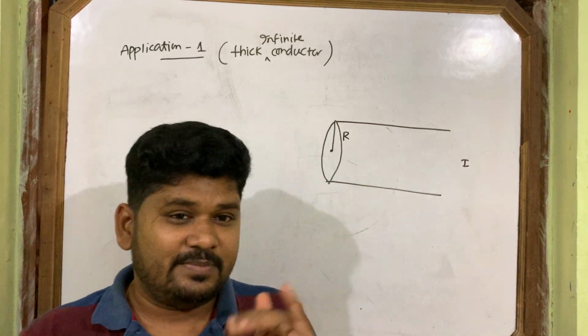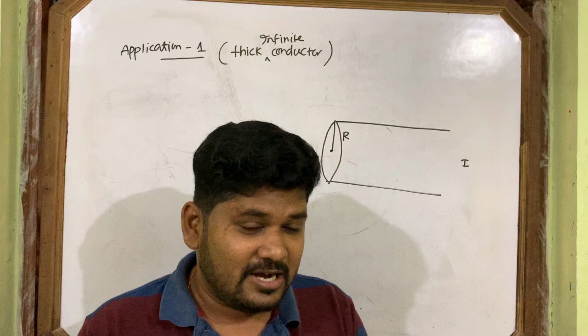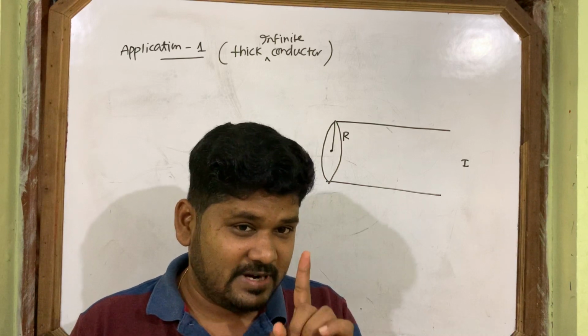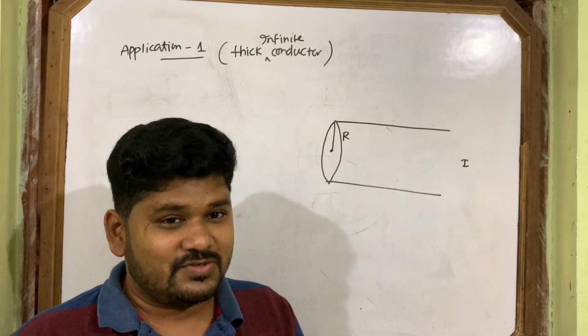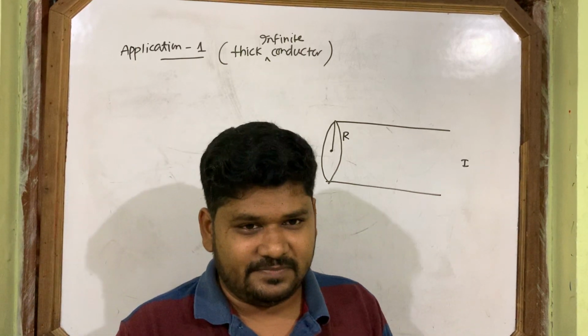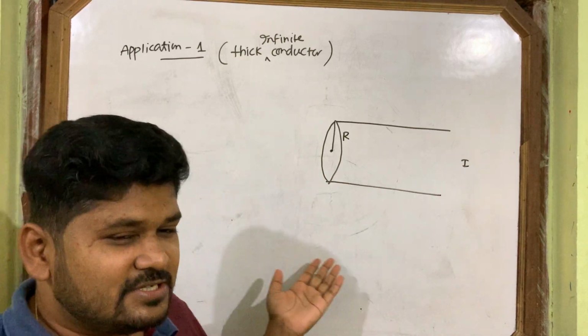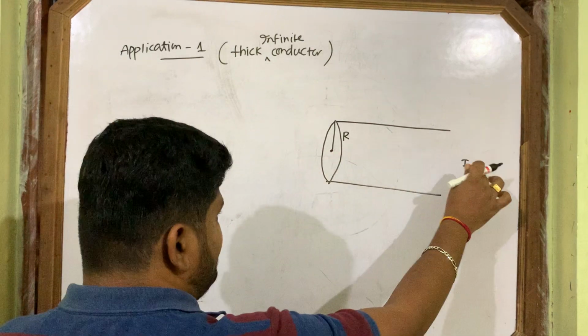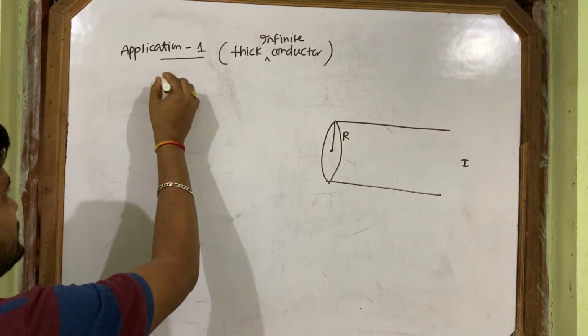Just like your Gauss law application, spherical shell. How many cases did you do there? 3 cases. You did one graph at last. Here is also one graph. Everything is the same, just like Gauss law, and the derivation is also the same. Now you see, current I passes through the cross section. R is equal to the radius.